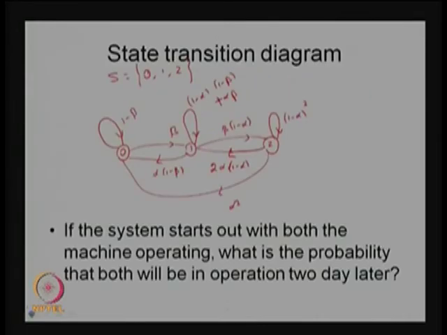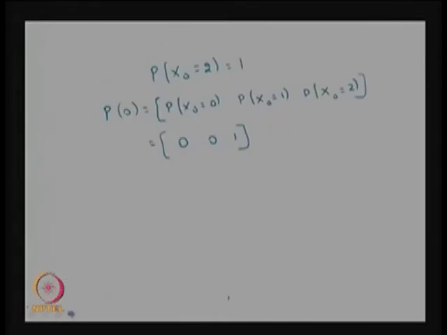Now, the question is, what is the probability that both will be in operation 2 days later? We can convert this into: what is the probability that X_2, in the second step, the system will be in state 2, given that the system was in state 2 at the 0th step.